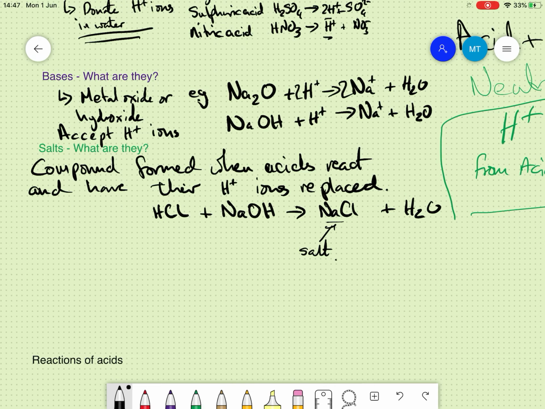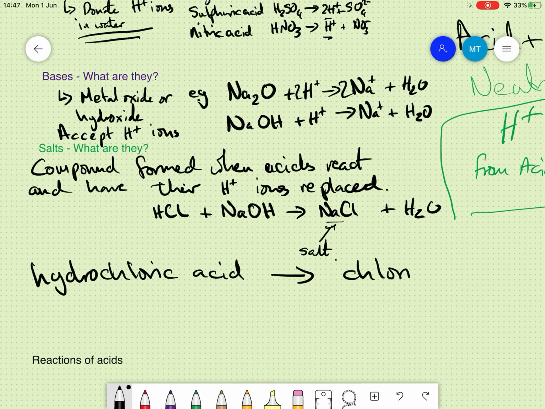So hydrochloric acid forms chloride salts.